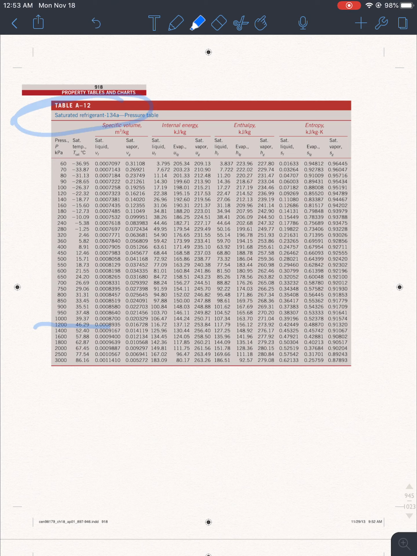Number 2, find the refrigeration load. I think that's Q dot L, which is the heat going into the system on the low side, which is up here at the evaporator.